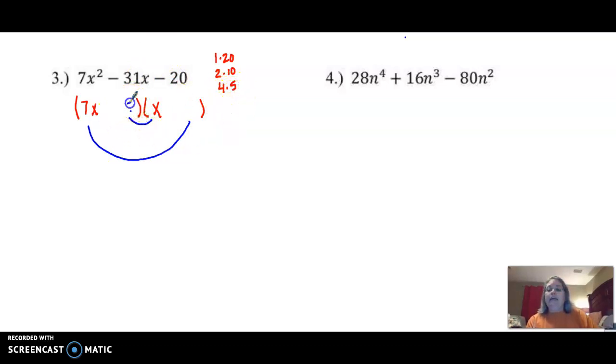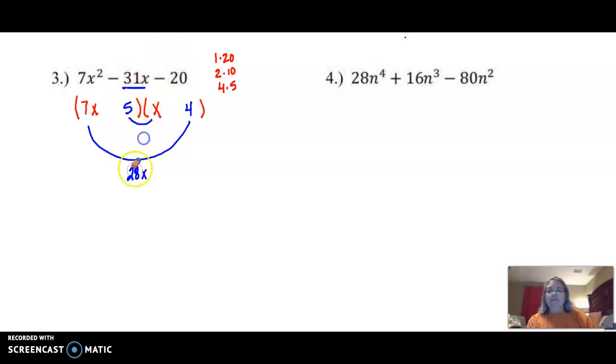So if I put my 5 here and my 4 here, well, 4 times 7 gives me 28. 5 times 1 gives me 5. Well, 28 and 5 give me 31. Well, no, that's going to give me like 33. And if I subtracted them, it would give me, I don't know, 23. So neither way is it giving me 31.